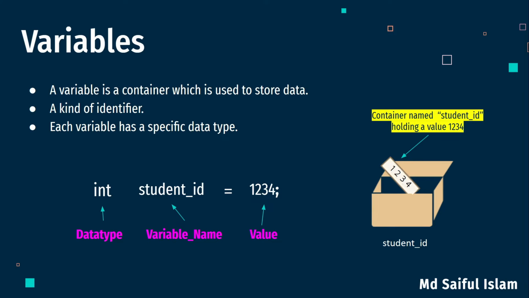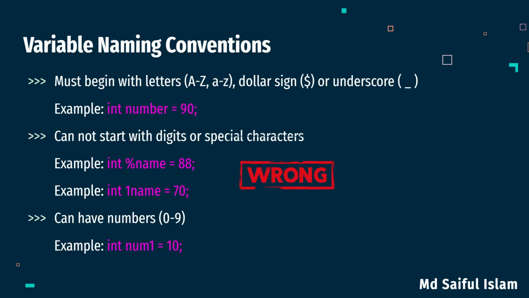In the next slide, we will look into variables a bit more in detail and see how the naming conventions actually work. While declaring a variable name using Java, we have to abide by certain conventions. There are restrictions on the type of characters that are used in a variable.